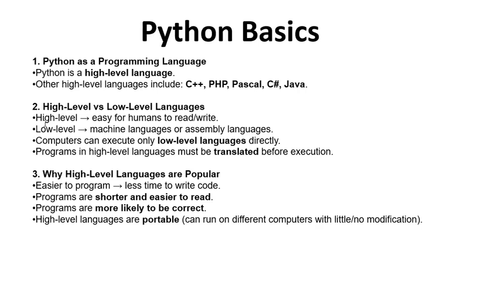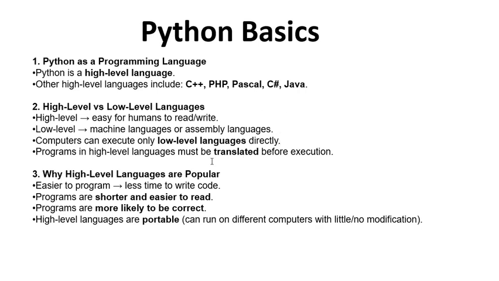When it comes to low level language, it is machine level language or assembly level language, which is understood only by the machines, not by human beings. Computers can execute only low level languages directly. They can't execute the high-level languages directly.